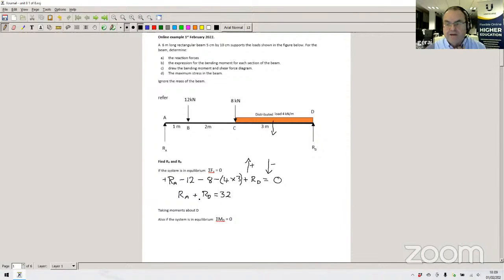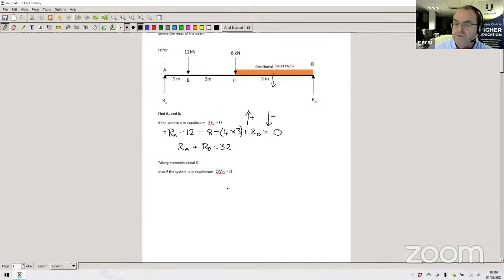and that's equal to 32. Okay, so you'll see there we can't find the reaction forces from that equation because we've got 2 unknowns. So we need to do something else to find the values of RA and RD. So what we do now, we're going to take moments around either point A, or we can do moments around point D. Now it doesn't matter which way you do this, so long as you're consistent.